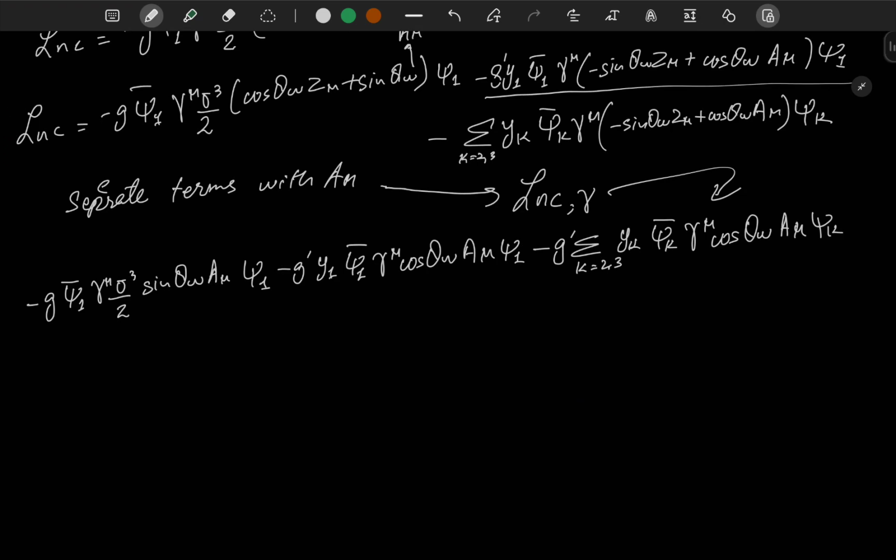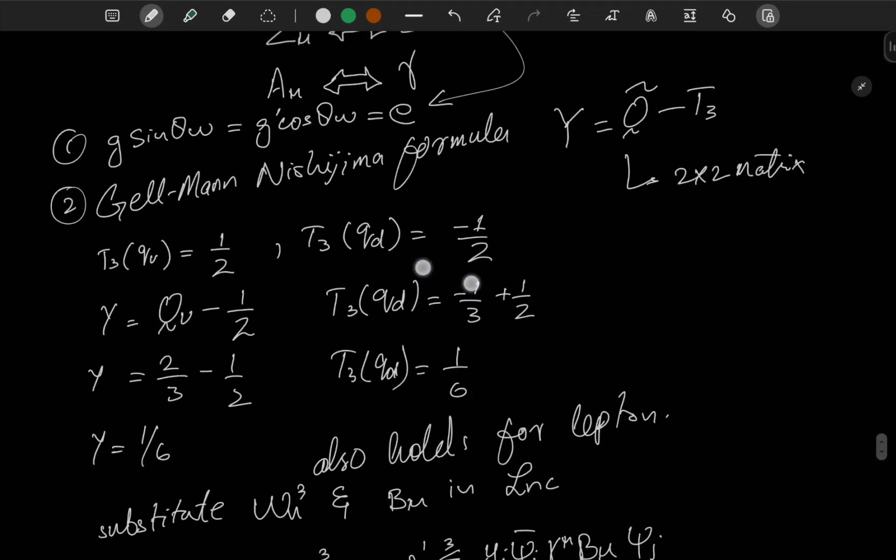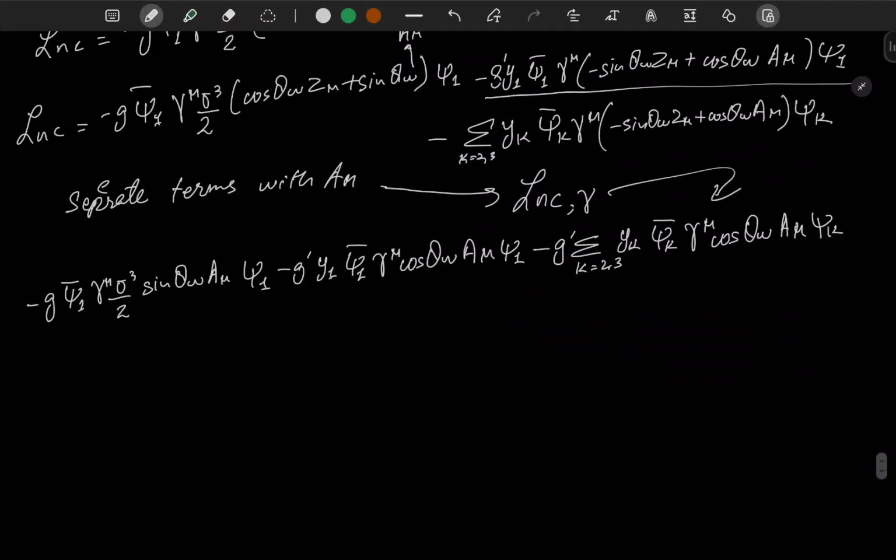and here we are going to use the first postulate of electroweak unification, that is g sine theta w is equal to g prime cosine theta w is equal to e.